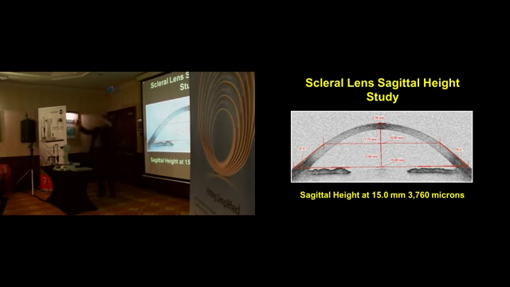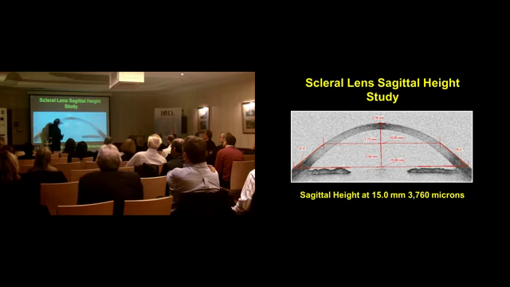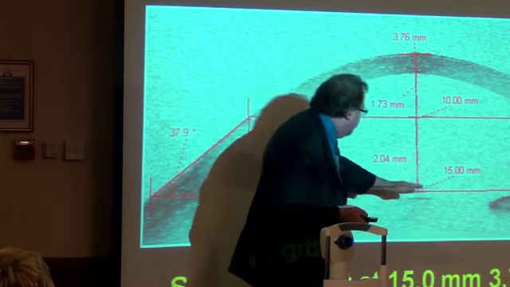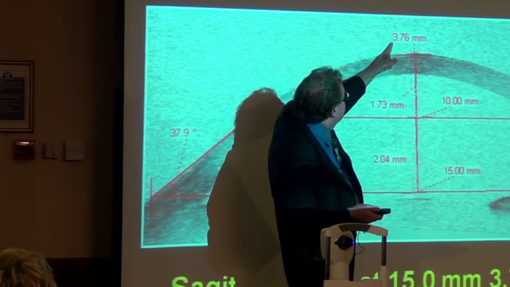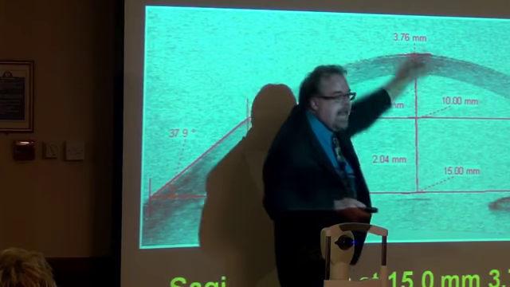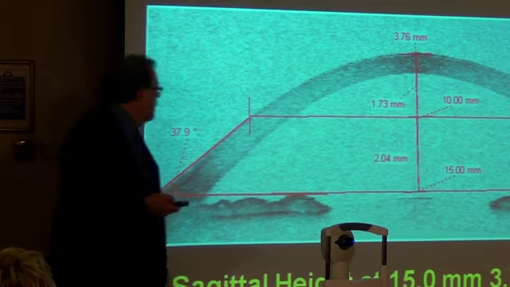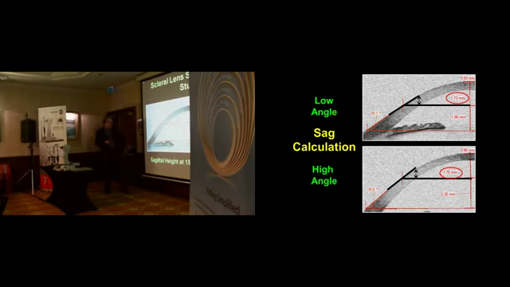It's based on this principle. When you do OCT, you get this magic number. That is the height of the eye from 15 millimeters to the apex of the cornea, 3,760 microns. So that is what OCT does.